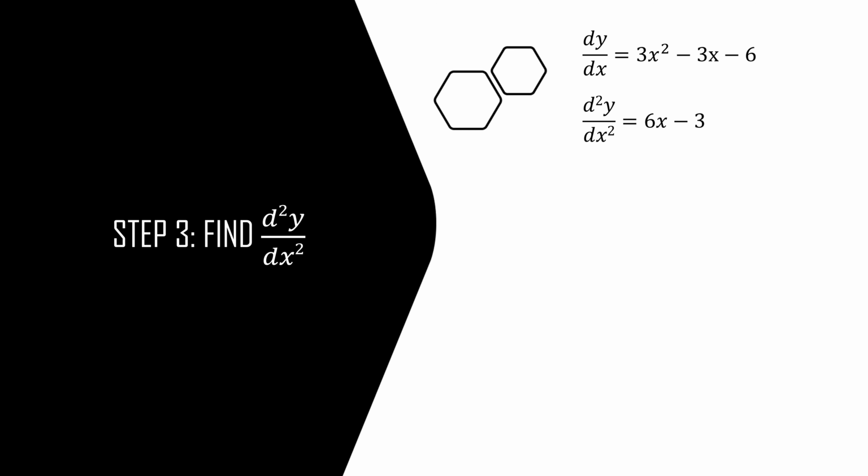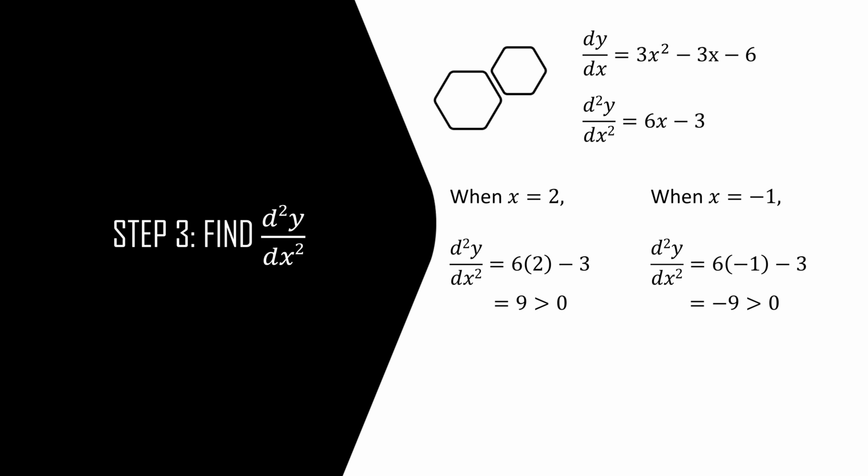As we already know the x values, which are 2 and negative 1, now we need to substitute these values in the equation we differentiated for the second time. So when x equals 2, we will get a value of positive 9, and when x equals negative 1, we will get a value of negative 9.